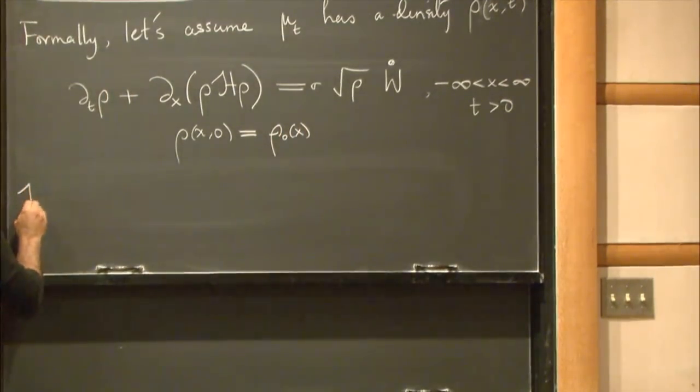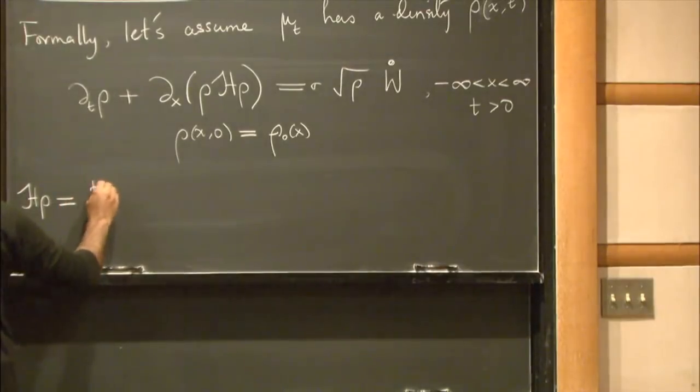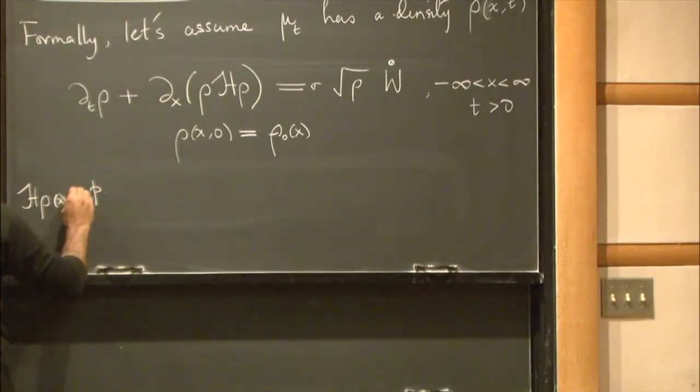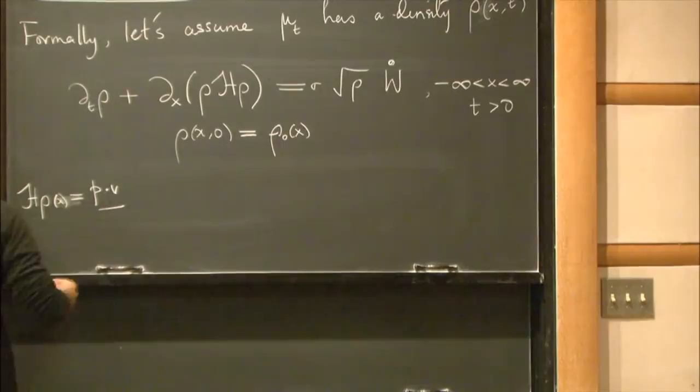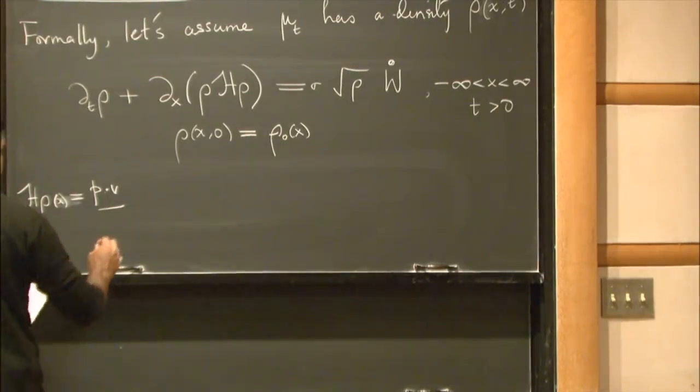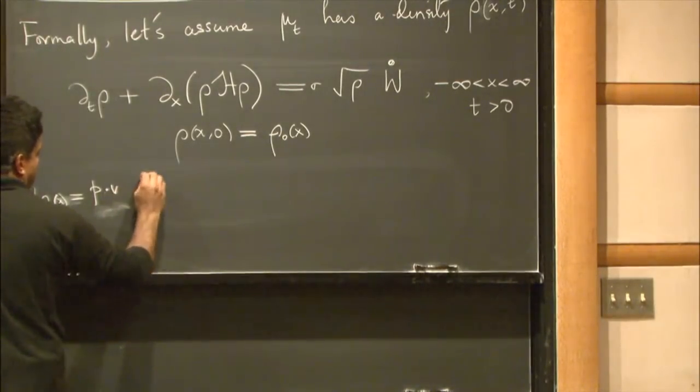Here H is the Hilbert transform, so H rho of x is the principal value of 1 over pi times an integral.